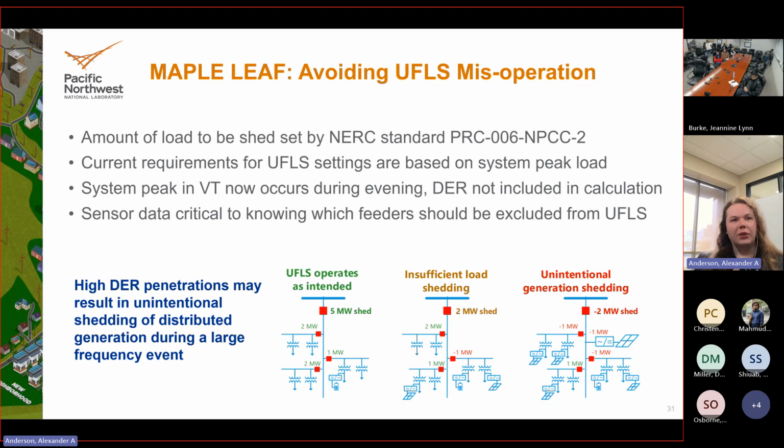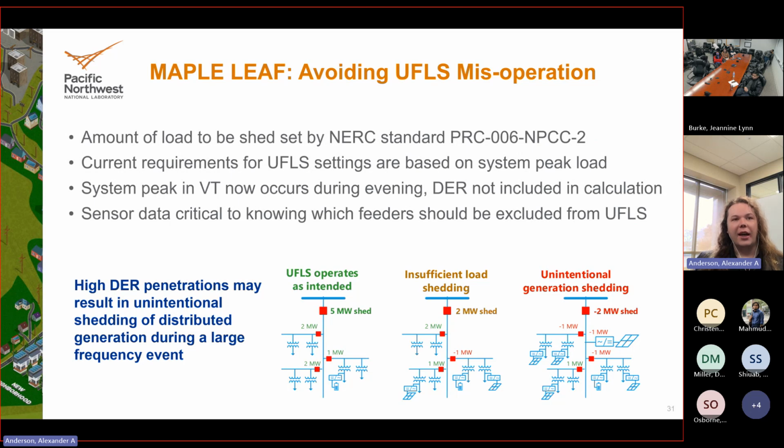Problem is, due to high PV penetration, their peak load now occurs in the evening after sunset. And so they go through, do their single-hour peak load calculation. But during the daytime, those distribution feeders that were selected for UFLS may actually be backfeeding the transmission system.